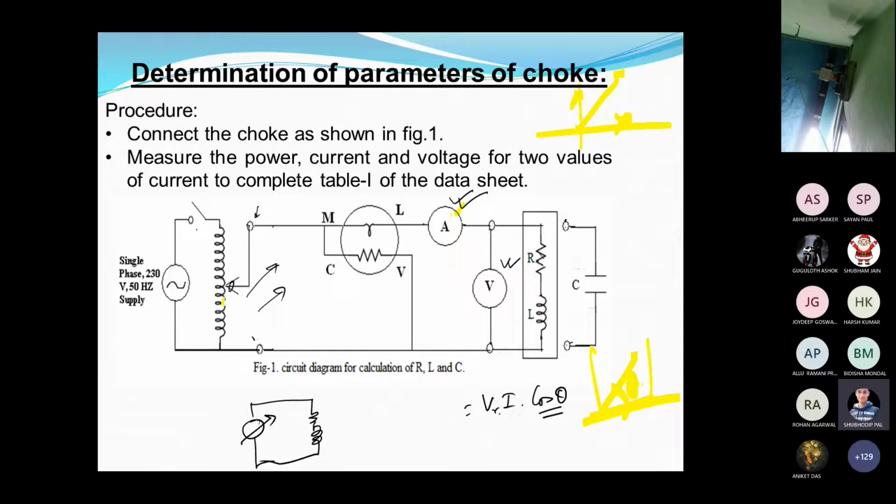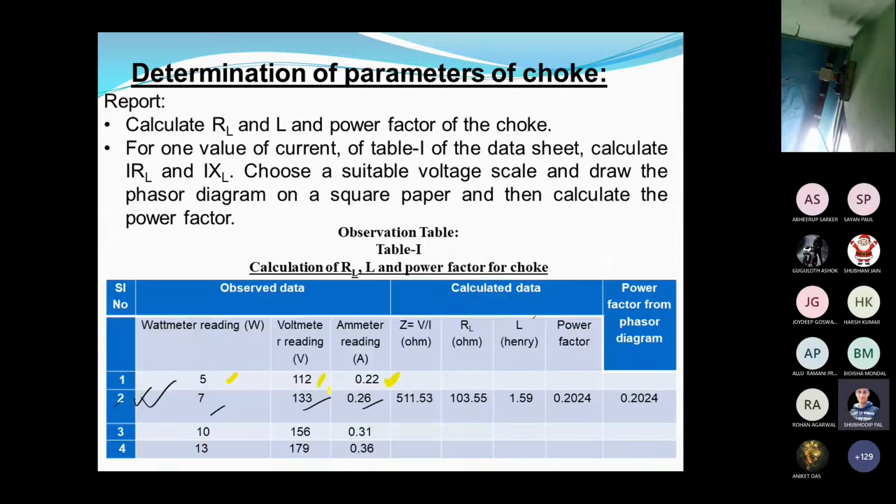So by varying this, you can apply different voltage and current, and accordingly you have to note the wattmeter reading. Say the voltmeter reading is coming 112, and the ammeter reading is this, and the wattmeter reading is this one. So from this, here are 4 sets of data. These are old data. I have done the experiment freshly, and you will get those data for calculation purposes.